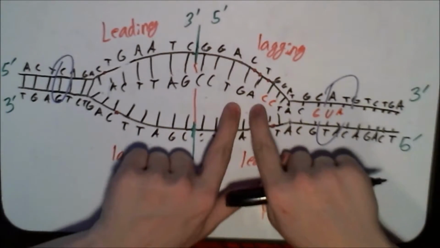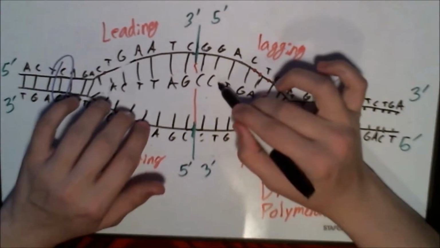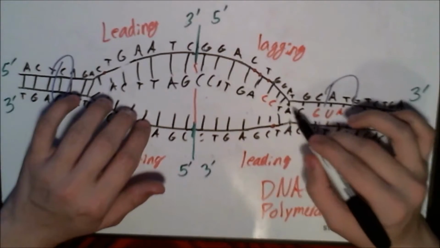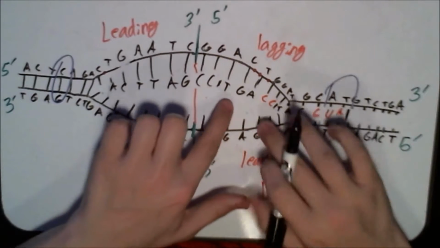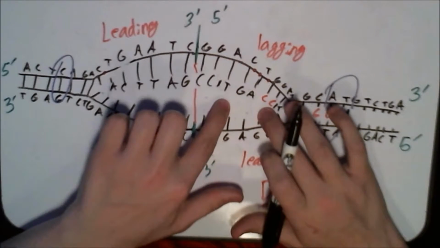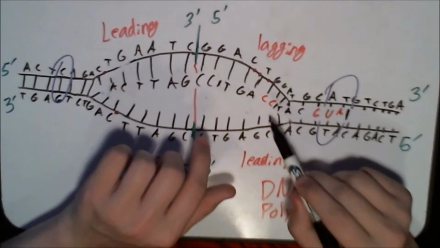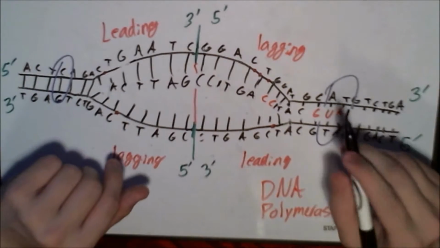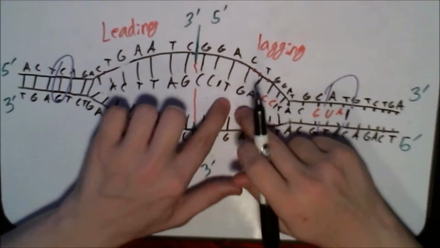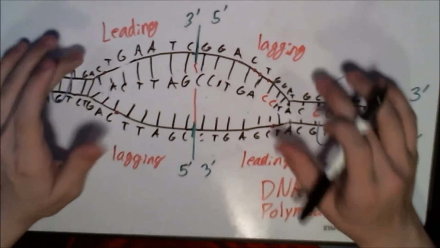However, here we hit a bit of a problem because there's actually a bit of a gap right there, and right there, and right there. These little chunks of DNA are what's known as an Okazaki fragment, named after the Japanese scientist who discovered it. So, this DNA strand is not complete.